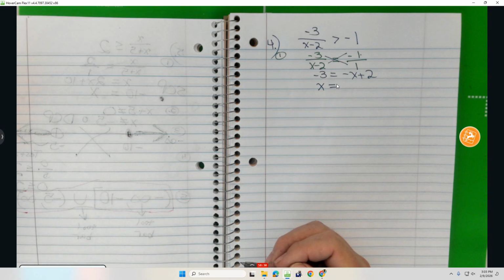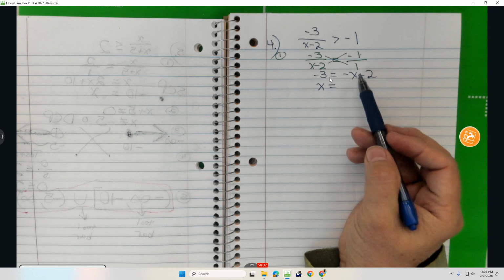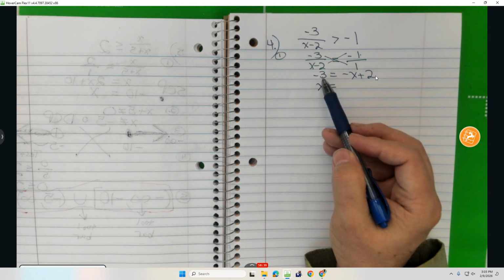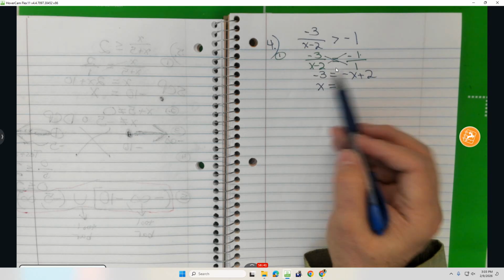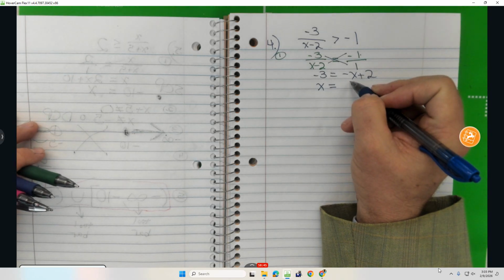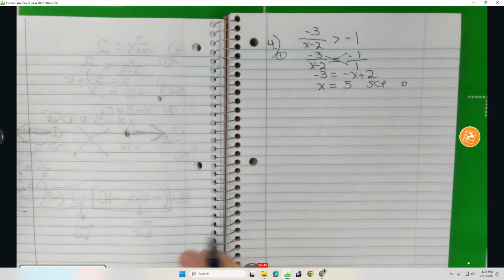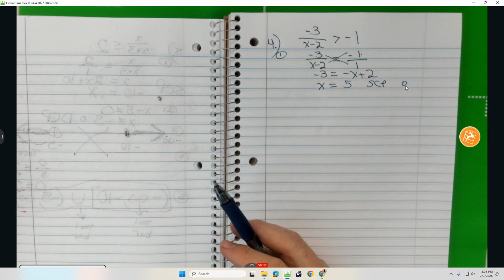Although I'm very good with working with negative numbers, I try to avoid them for students' sake. And this avoids negatives. Add the x, then what do I do here? Add the 3 to give us x equals 5 for my solution cut point, and we've already said that's going to be an open circle.